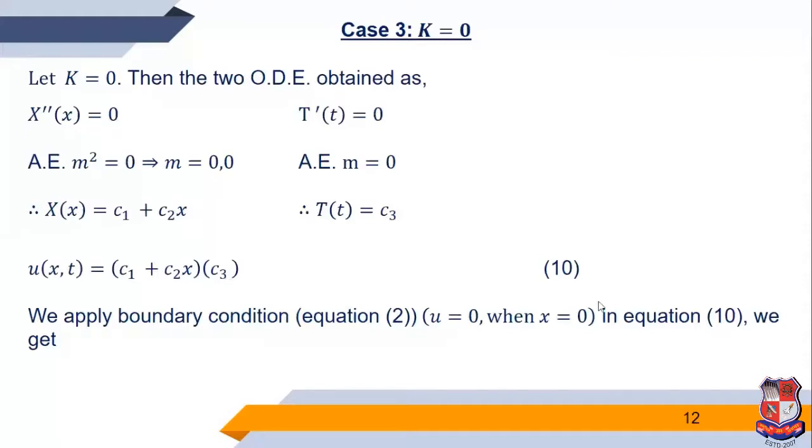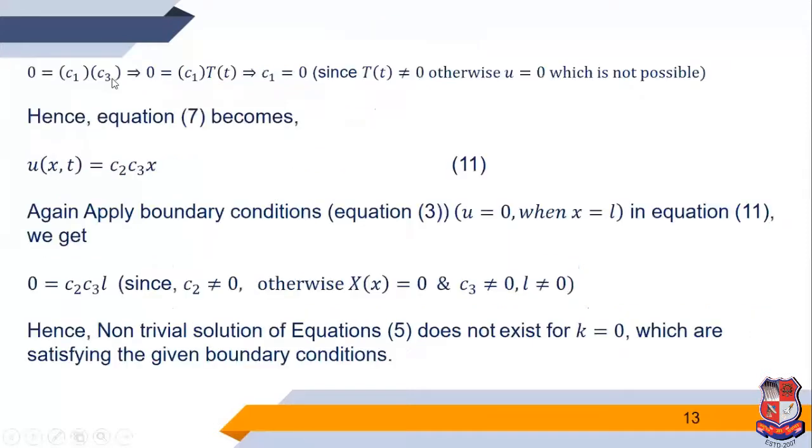So first we apply x is 0, which implies u is 0. So x is 0, u is 0. That means equation 10 becomes c1 into c3 is 0. So obviously c3 is a constant, c3 is the T of t. So c3 not equal to 0, therefore c1 is 0.